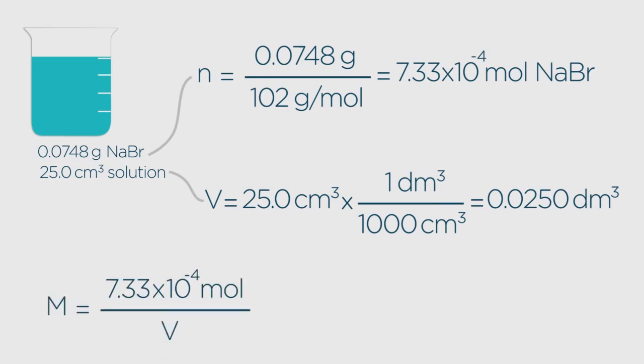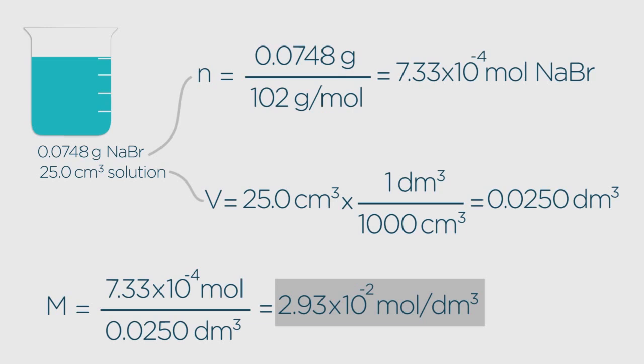Finally, 7.33 times 10 to the minus 4 divided by 0.0250 equals 2.93 times 10 to the minus 2 moles per decimeter cubed. Very well done if you got that one right.